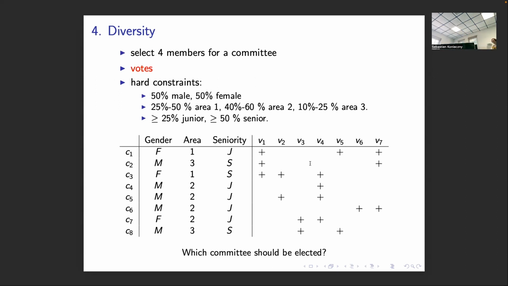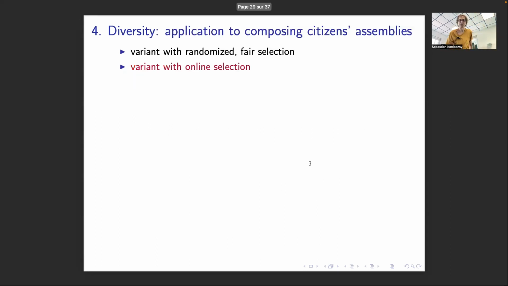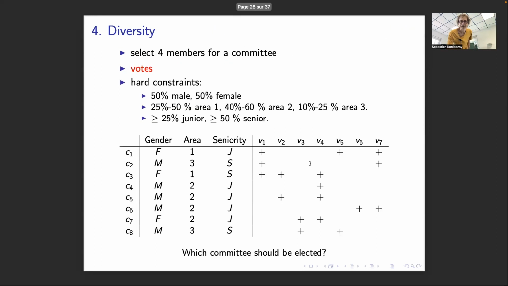So it's multi-criteria. We have to find an optimal committee, optimal with respect to the votes, that satisfies the constraints. You choose your preferred multi-winner voting rule, and you find the optimal committee that satisfies the constraints.